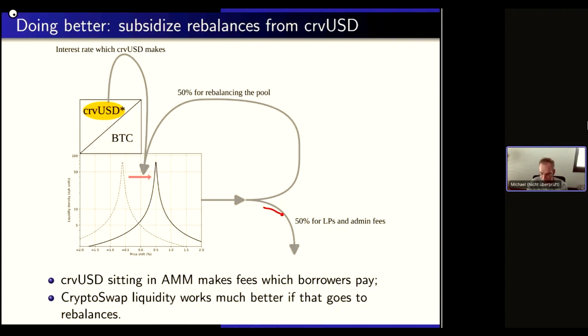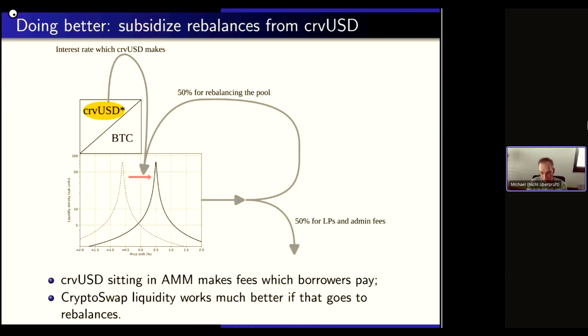So 50% of fees is going to liquidity providers and admin fees and so on, but another 50% of fees charged go to refill this rebalancing budget. That's what's happening today. And this is great, but it has one issue.